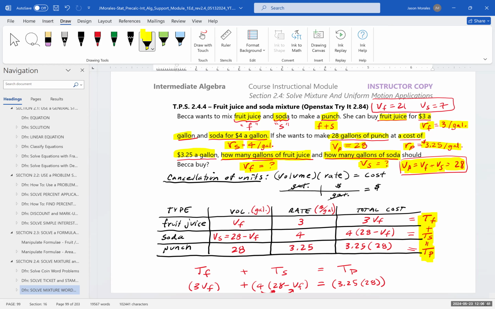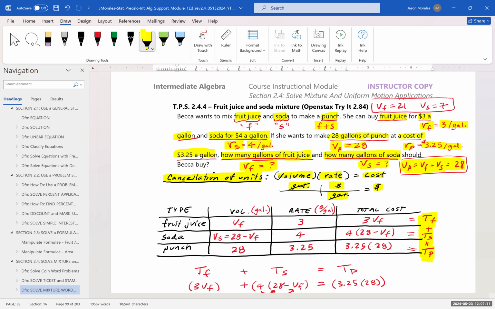One way to look at it is to look at cancellation of units. So if we were to take volume and multiply that by rate, will that equal cost? Cost is in units of dollars, volume is in units of gallons, and rate is dollars per gallon.